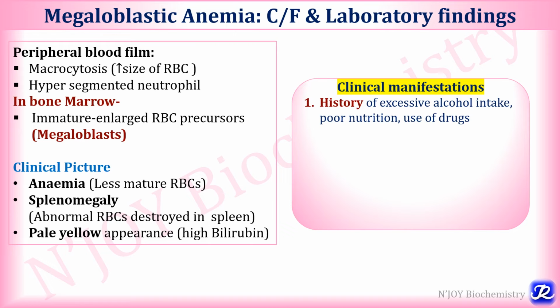Then patient can present with various oral lesions like sore, red, swollen tongue, and angular stomatitis can be present. Various gastrointestinal symptoms can be the manifestation of megaloblastic anemia like nausea, vomiting, abdominal pain, diarrhea, and hyperpigmentation may also be found on the dorsal surface of fingers and toes.